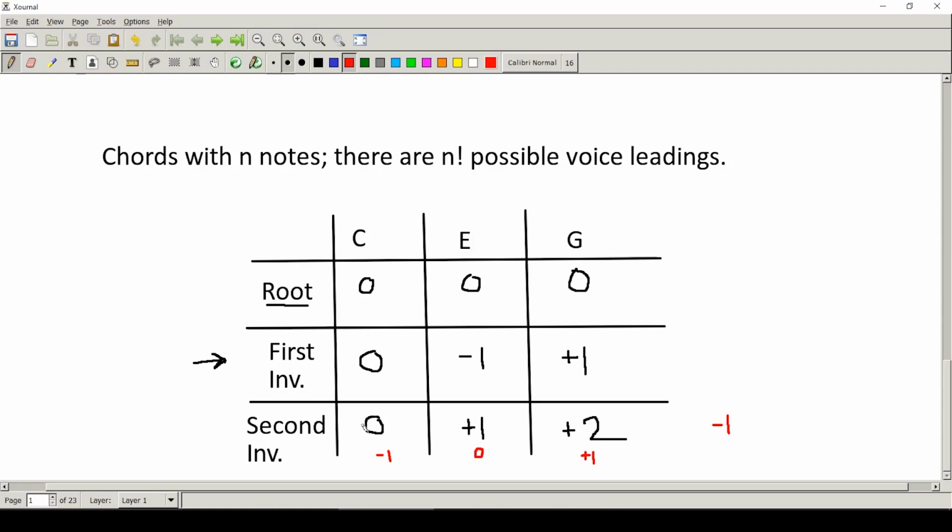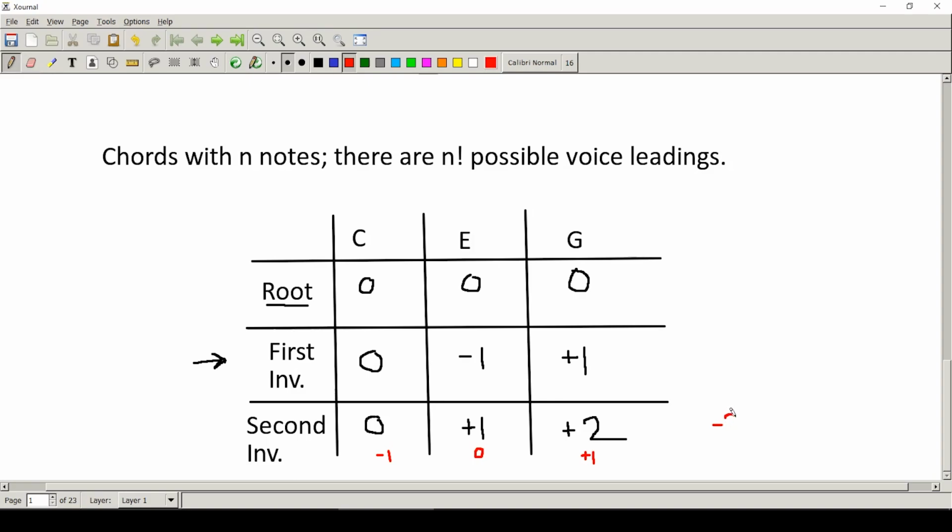So because this mode change involves different amounts of motion up, there will be other progressions, like C major to E major right here, that again involve different amounts of motion. But because these differences are 0, 1, and 2, this -1 transposition is the only one that I can come up with that will produce this kind of contrary voice leading.